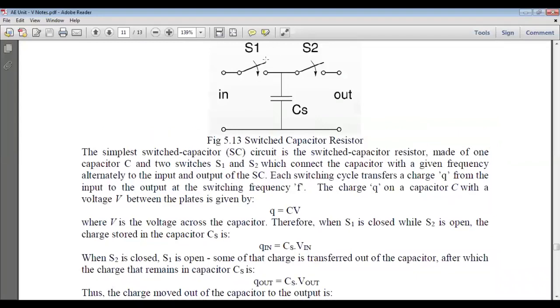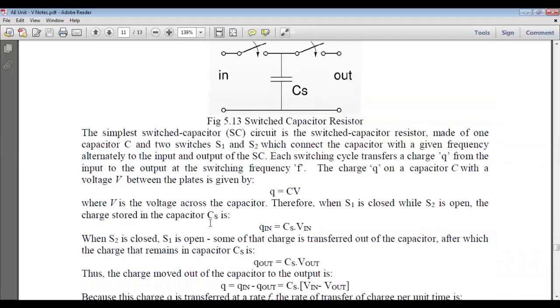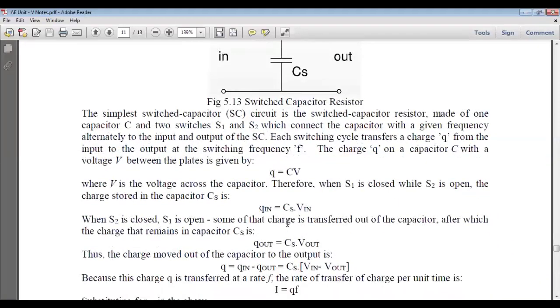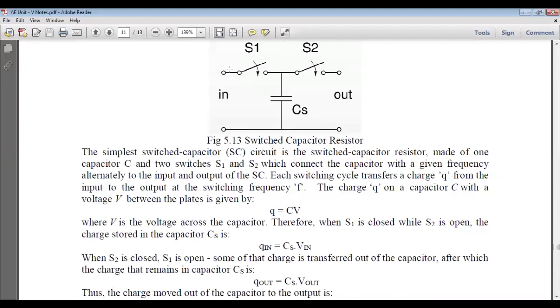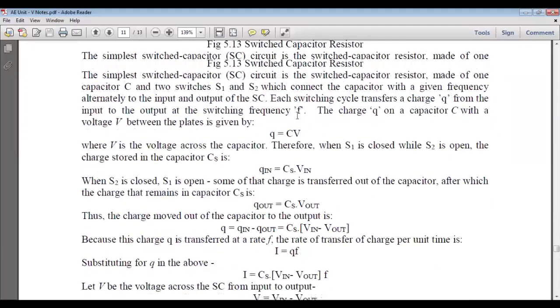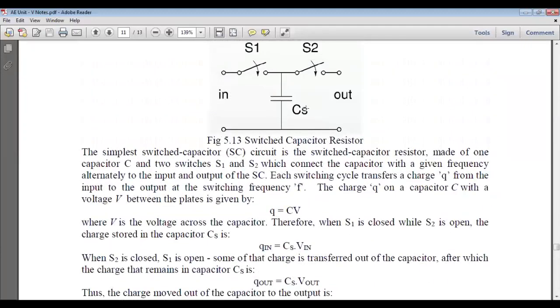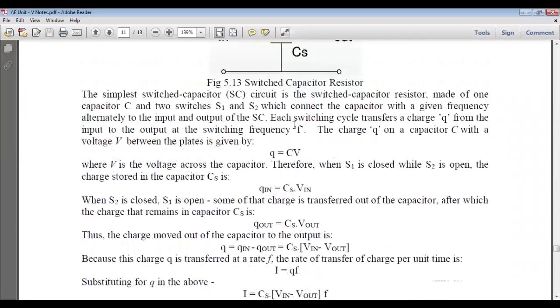Now, when S1 is closed, S2 is open, the charge stored in the capacitor CS is given by Q input equal to CS into V input. Now in the other way, when S1 is open, S2 is closed, some of the charge stored will move out to the output side. A part of the charge will be stored in the capacitor itself.